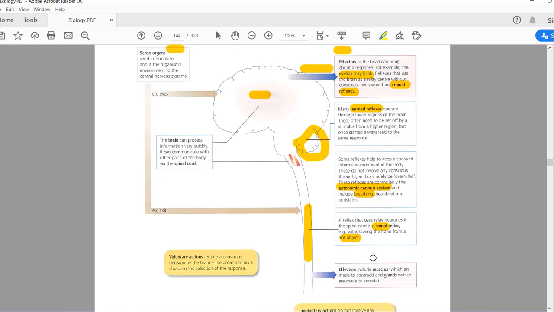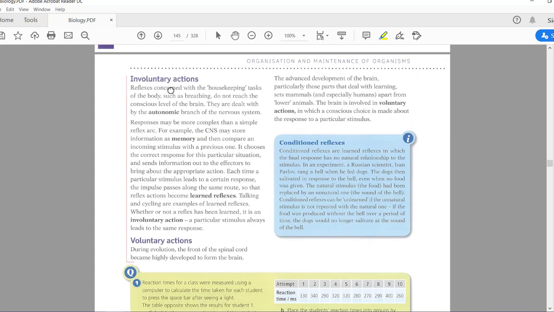And here we have also another example of effectors that are controlled by the central nervous system: involuntary actions and voluntary actions. The main difference between these two actions is what? Involuntary actions, we said, are the actions that happen automatically. They happen by themselves, by the autonomic nervous system.